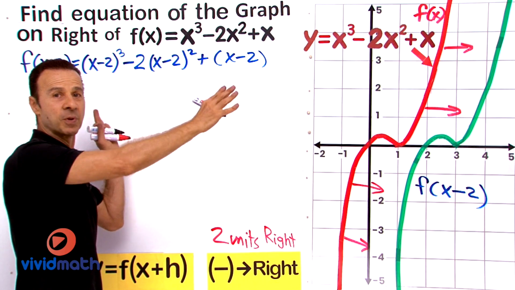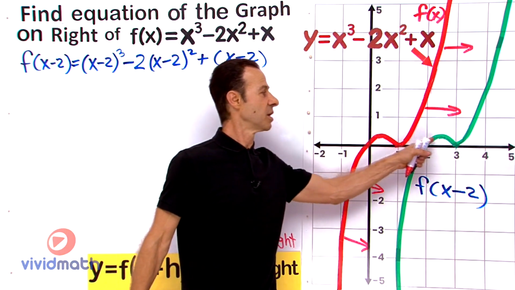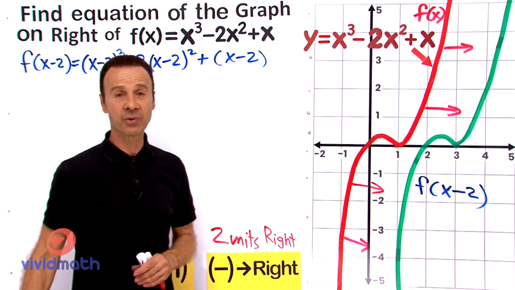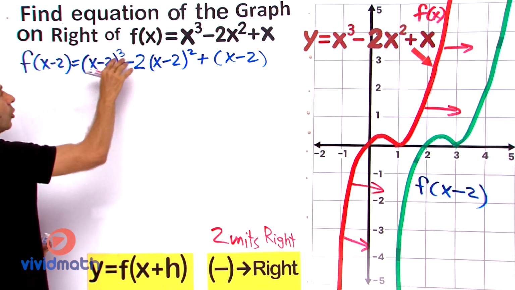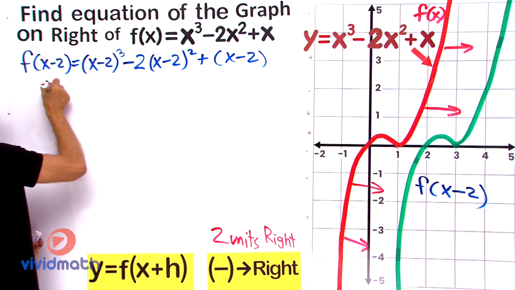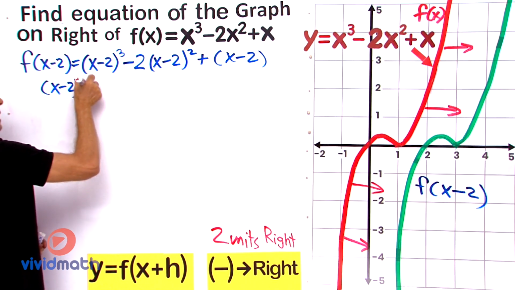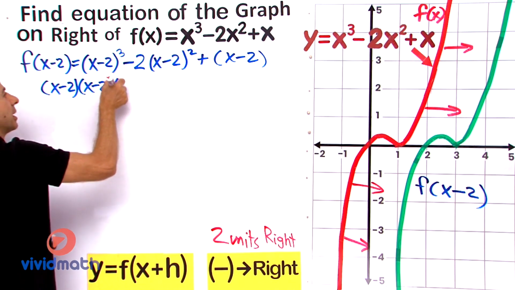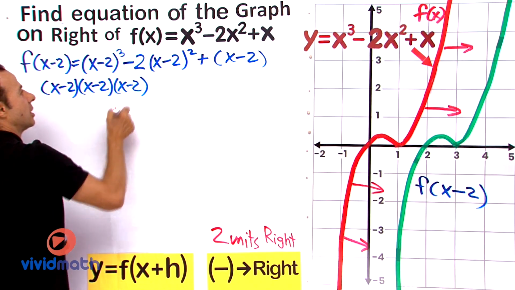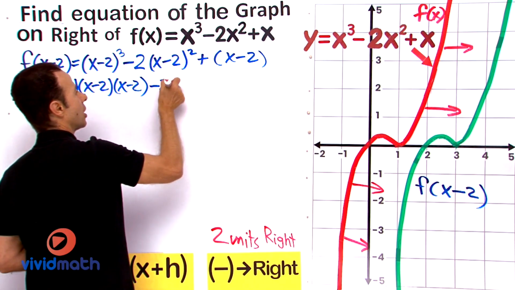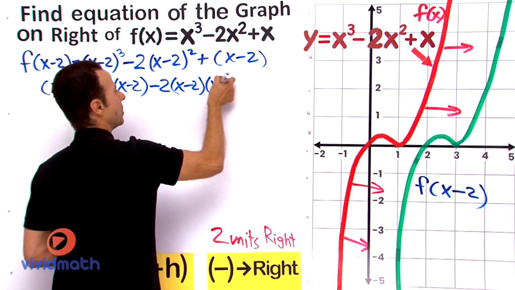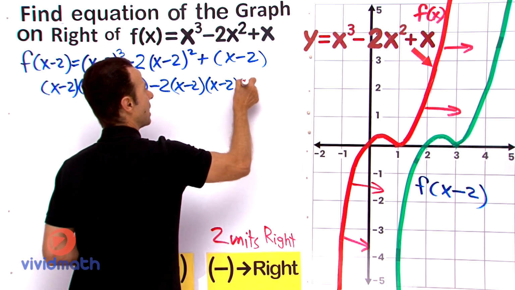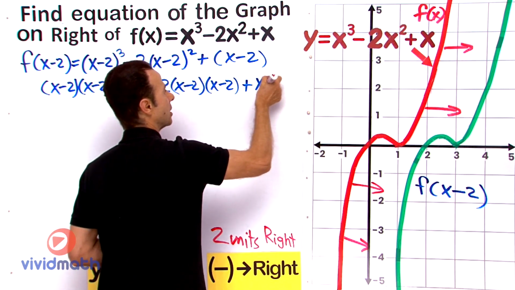All we got to do is simplify, and that'll give us the equation for this function on the right. So let's go ahead and simplify this now. It's x minus 2 all cubed. So that'll be written as x minus 2, x minus 2, x minus 2, minus 2 times x minus 2, x minus 2, plus x minus 2 on the end.